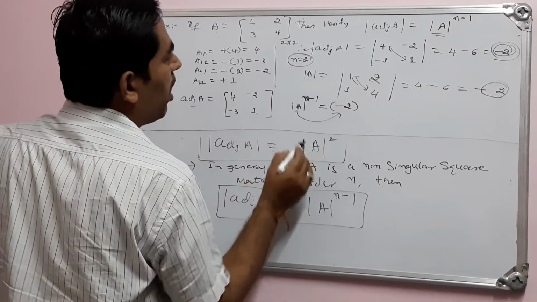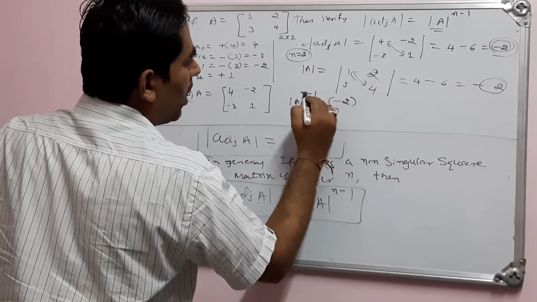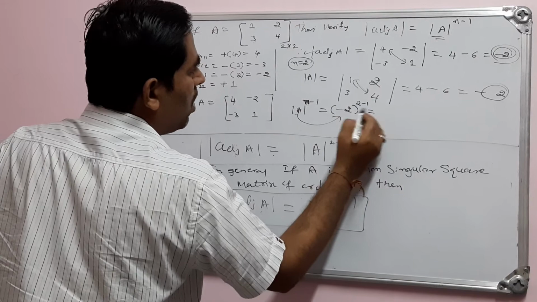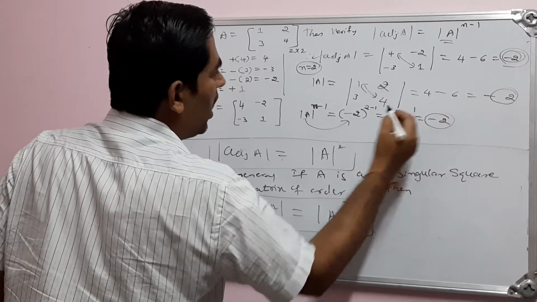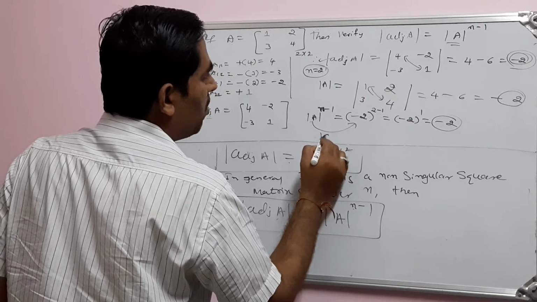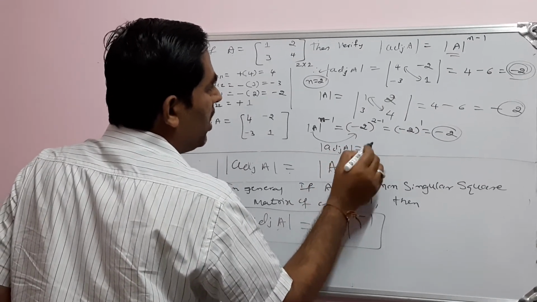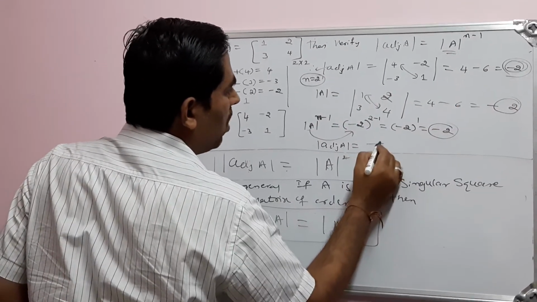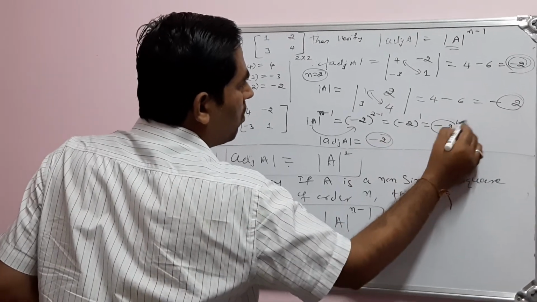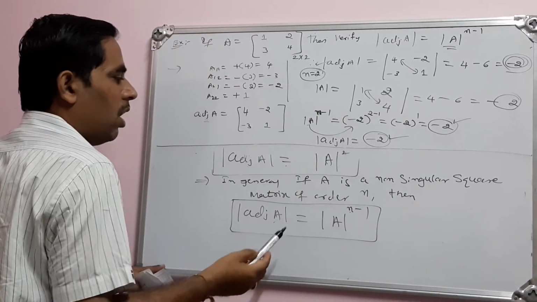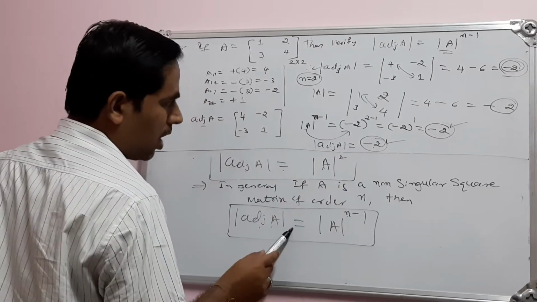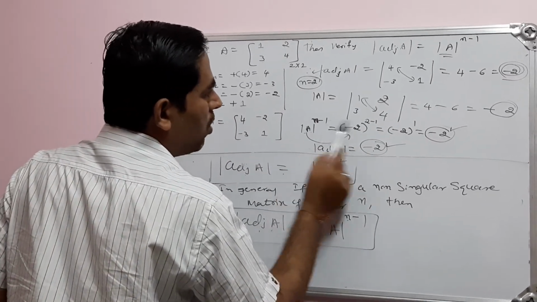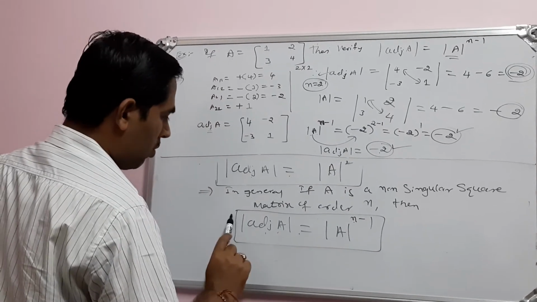I can substitute 2 here: 2 minus 1. That is minus 2 whole to the power of 1, which is minus 2 only. My left hand side, the determinant of adjoint A, is also minus 2. So from these two we can say that the determinant of adjoint A is equal to determinant of A whole to the power of n minus 1. So we can verify this property.